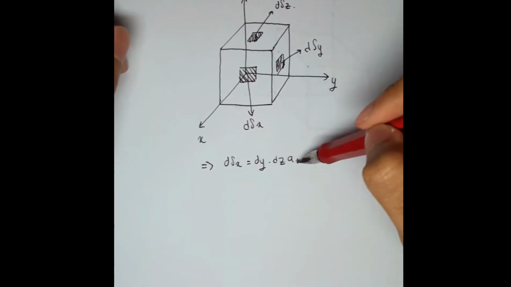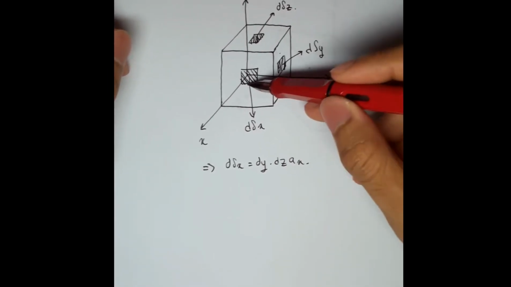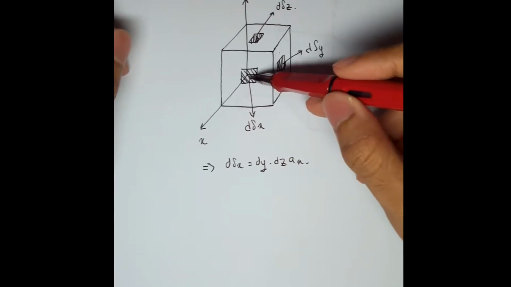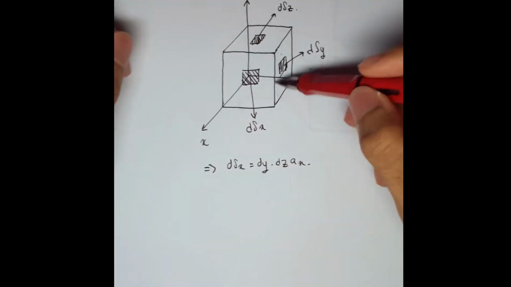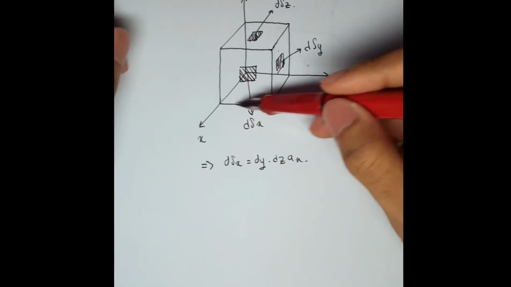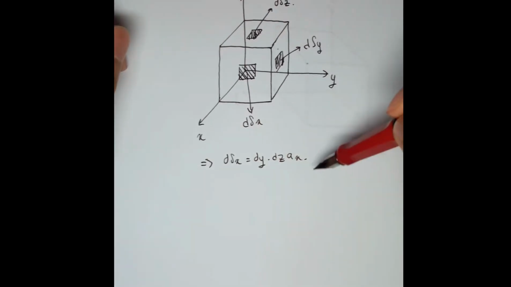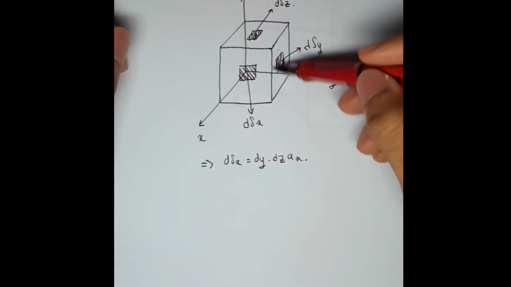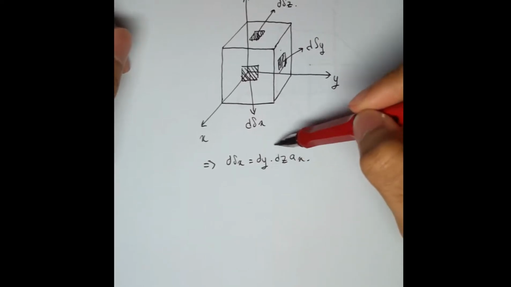Now we can refer all this to the differential length. Actually, to get this surface, we multiply this length and this length. This length is the differential length of y. This is the differential length of z. That's why we can get these two magnitudes.